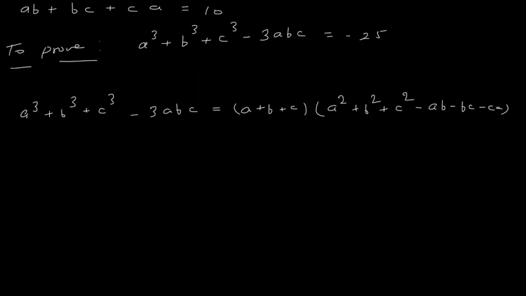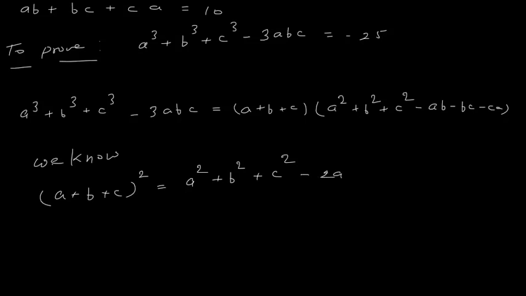So let us use the identity of a square. We know that (a plus b plus c) the whole square is a square plus b square plus c square minus 2ab minus 2bc. So I will take minus common: ab plus bc plus ca.